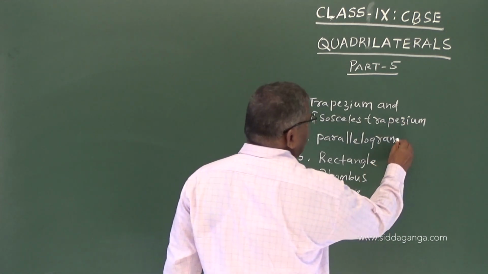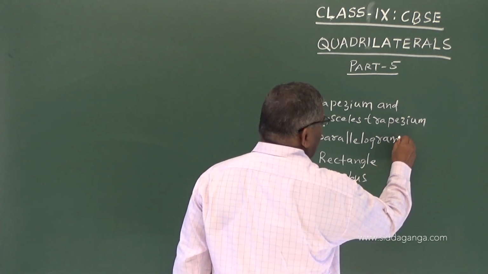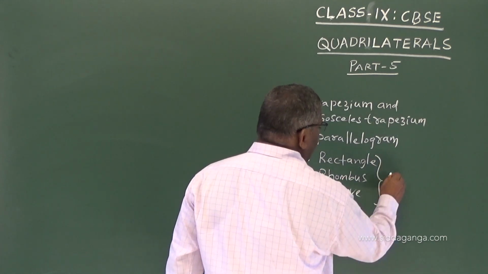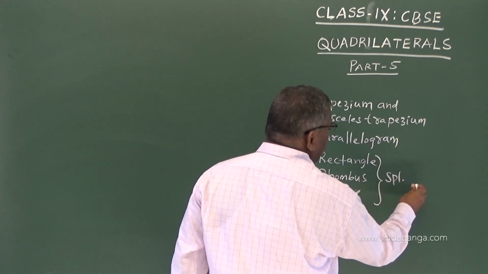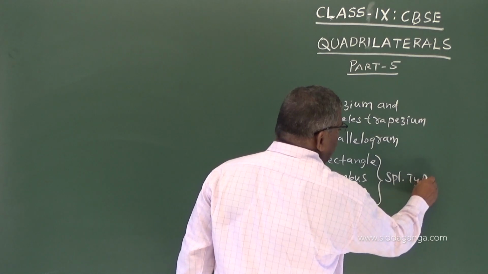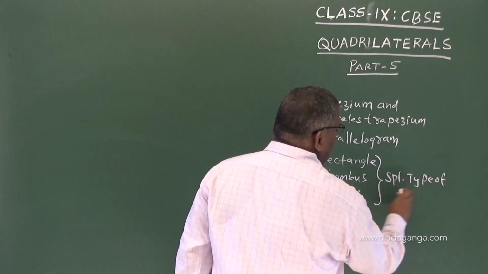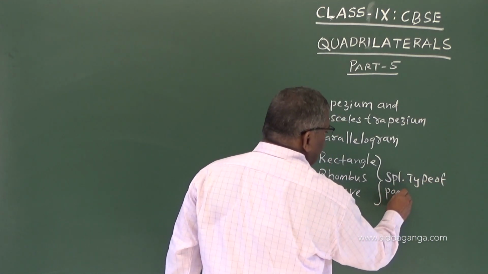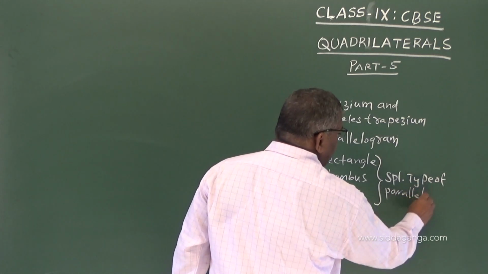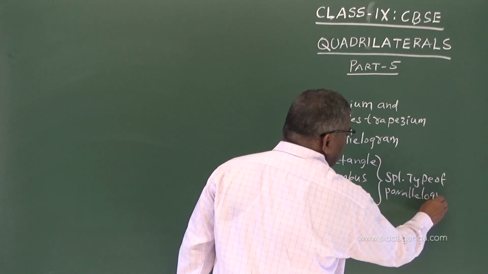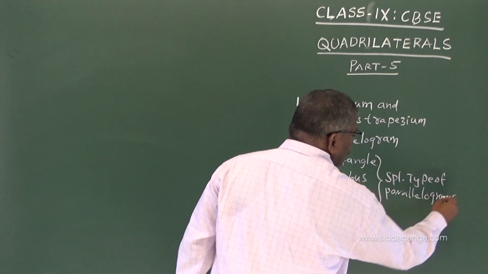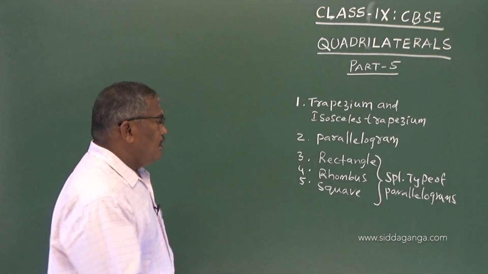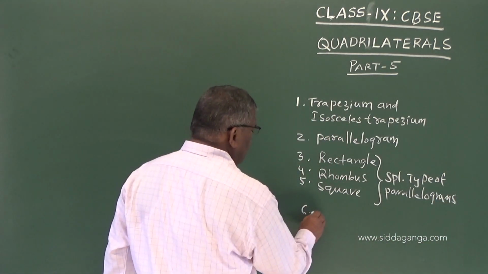So these are called special types of parallelograms. And lastly, sixth one, kite.